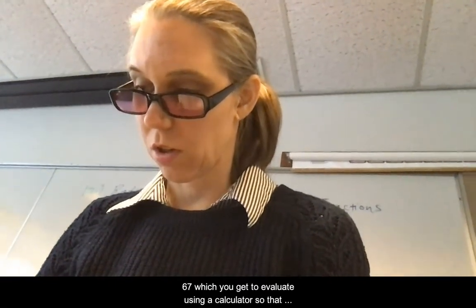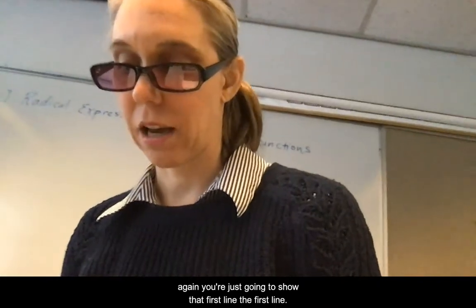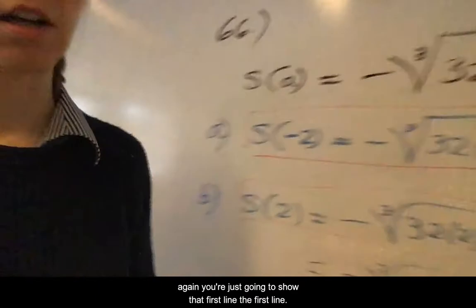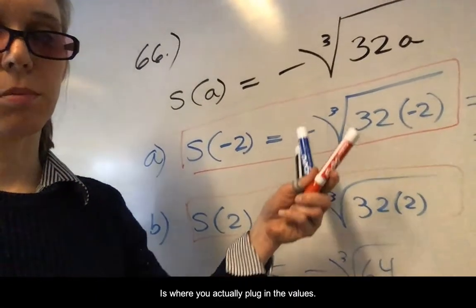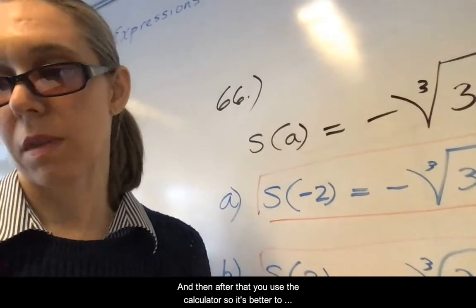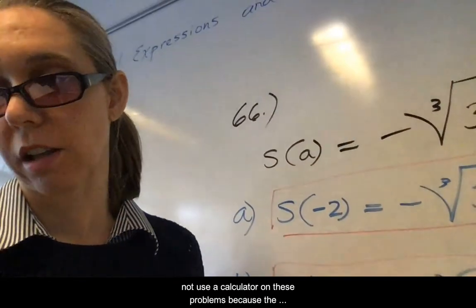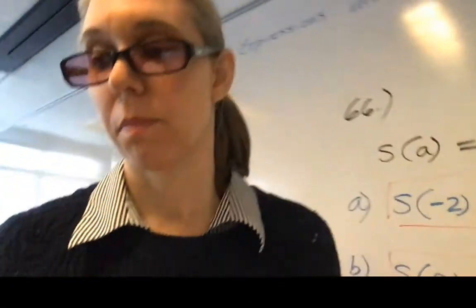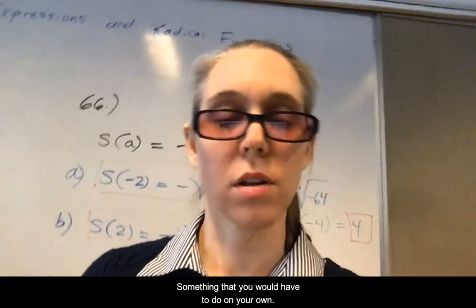And then also you have 67, which you get to evaluate using a calculator. So for that, again, you're just going to show that first line. The first line is where you actually plug in the values, and then after that, you use the calculator. So it's better to not use the calculator on the other problems because the directions say do not use a calculator. Of course, that's something that you would have to do on your own.